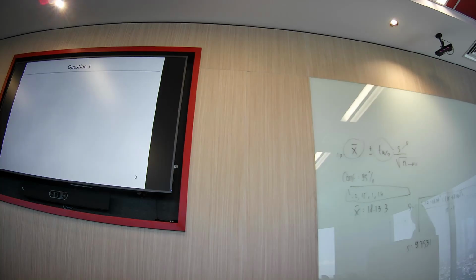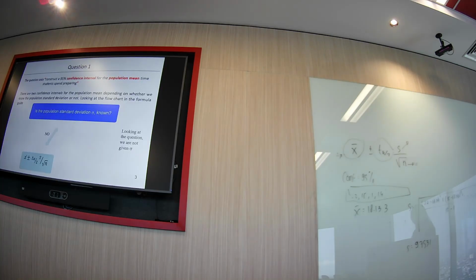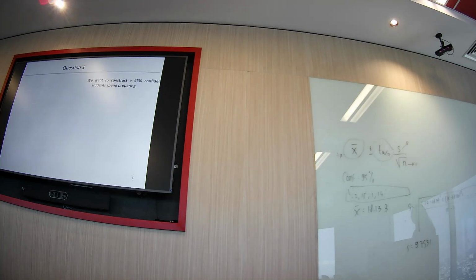Now, if there is no question with this one, let's move to the T table. Okay? So we know that you already have the x bar, you have the S, you have the N, right? You can find this one, the T alpha over 2.